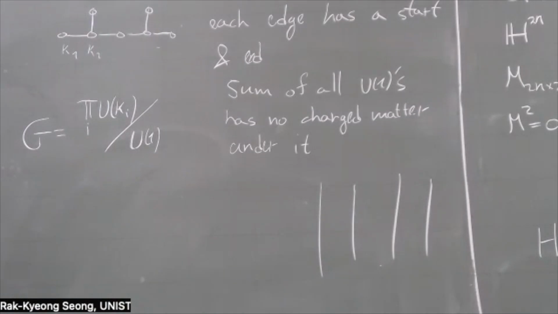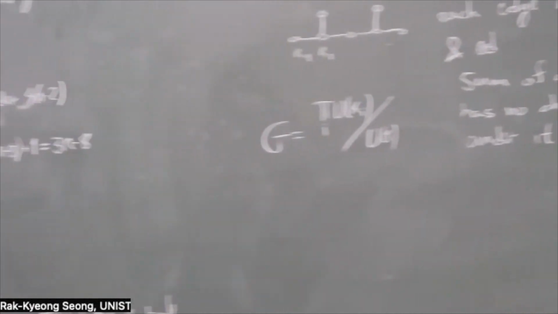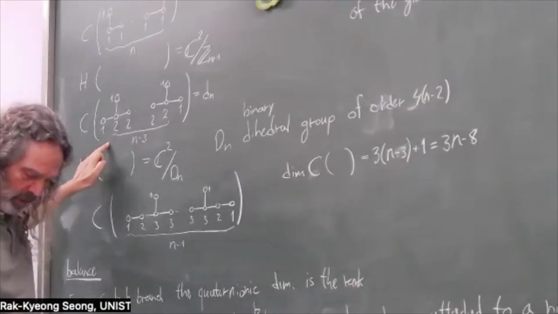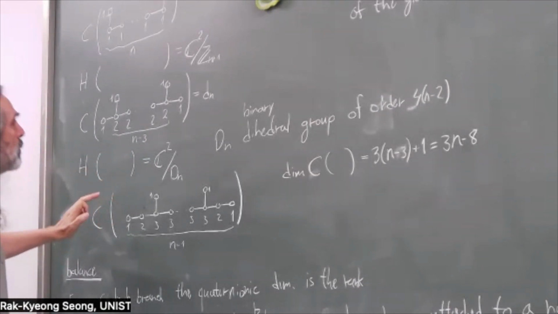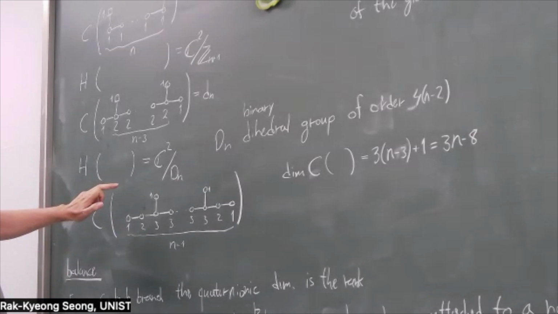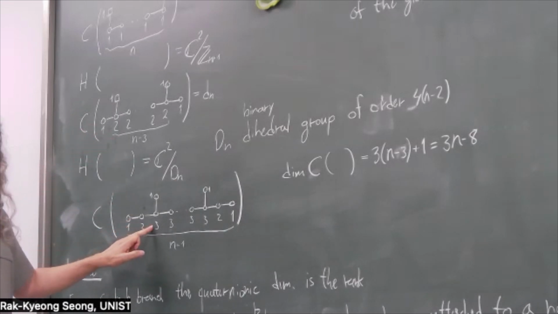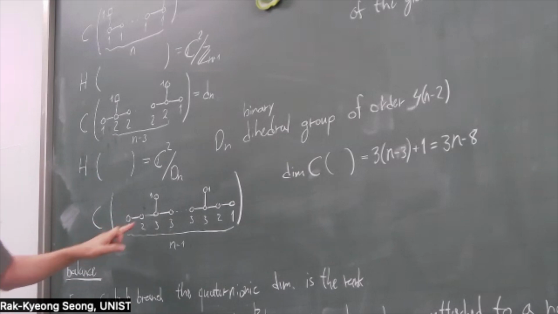Okay, so the symmetry here is SO2n. Let's compute the symmetry over here. So we computed the dimension. What is the global symmetry?